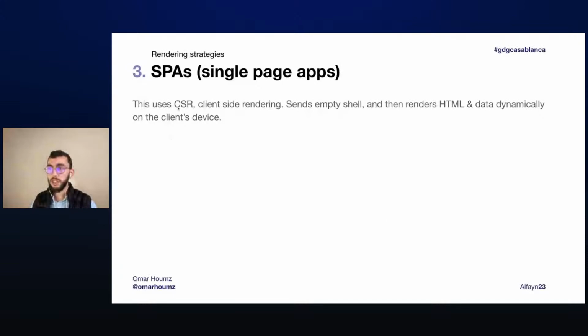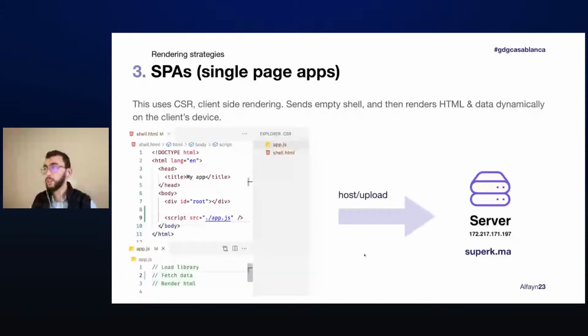We mentioned this in the beginning. So what we have is we have a shell. HTML خاوي. It's basically an empty page, but we have a script. This script is responsible to render هذيك data أو render the page on the client side.